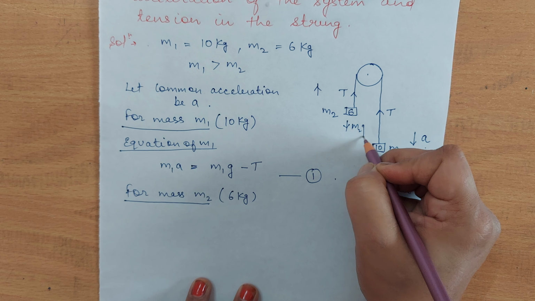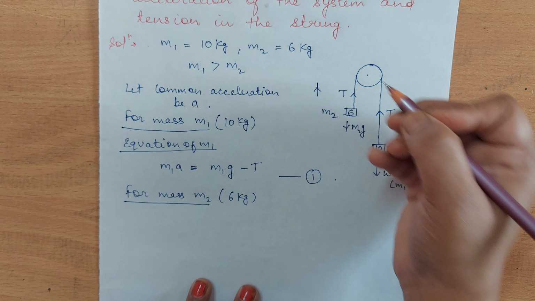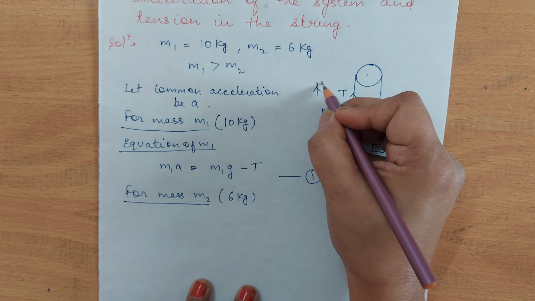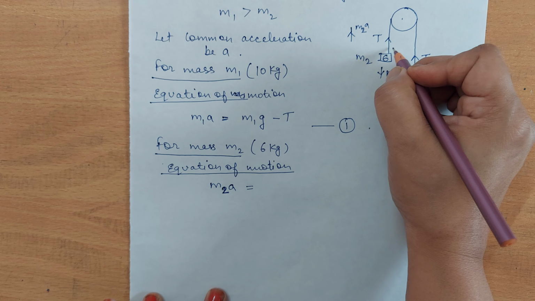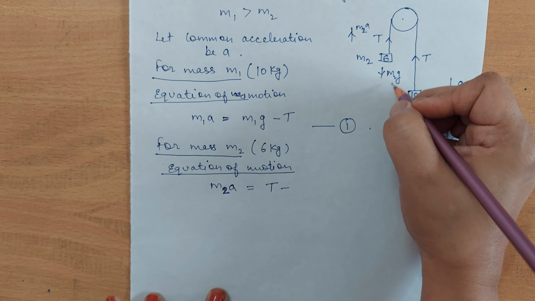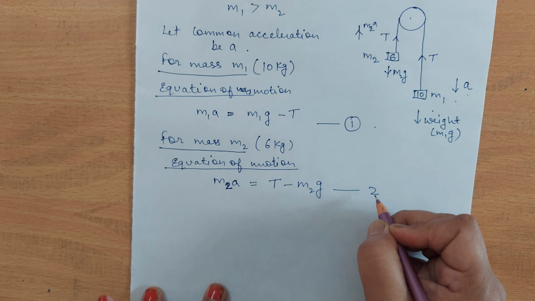The upward force is tension T, and the net upward force will be equal to m2a. So the equation of motion for mass m2 will be m2a, which is equal to tension T in the upward direction minus weight m2g, which is in the downward direction. So this way we have two equations.